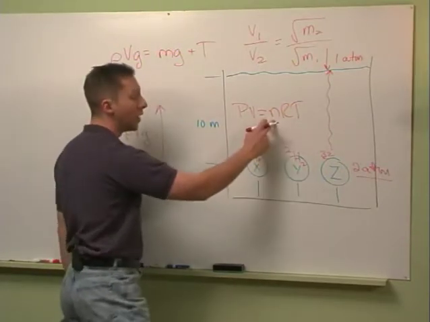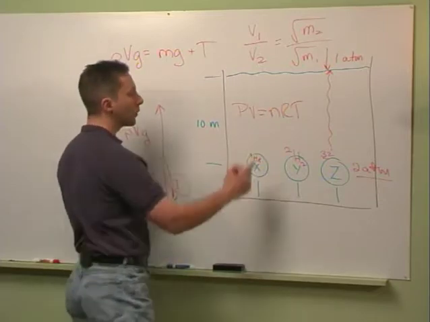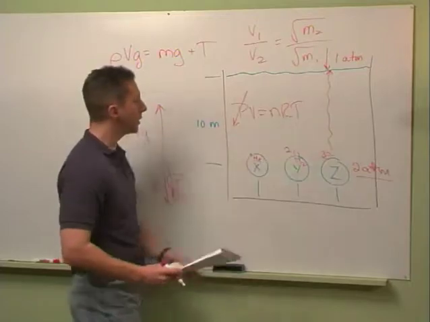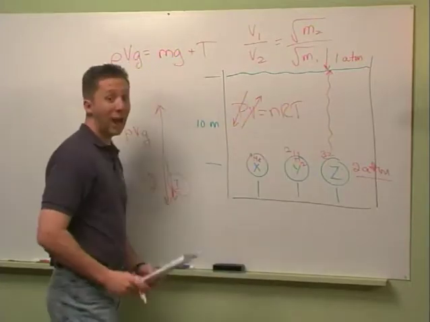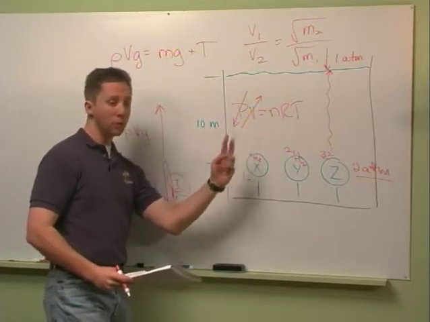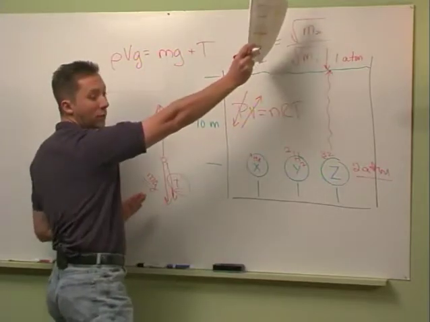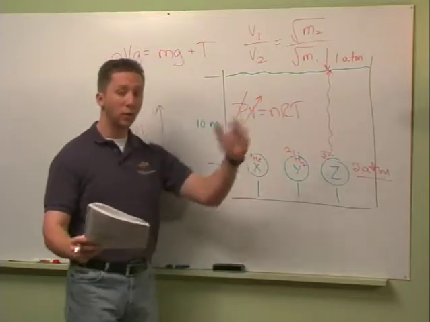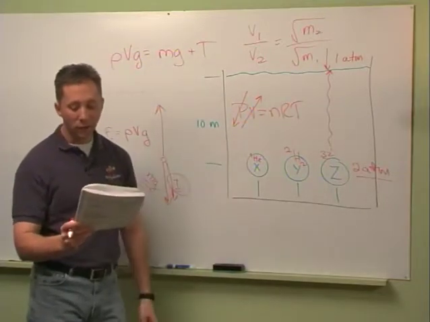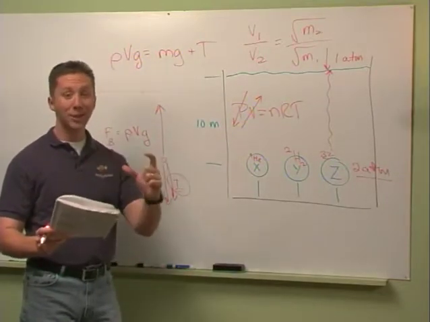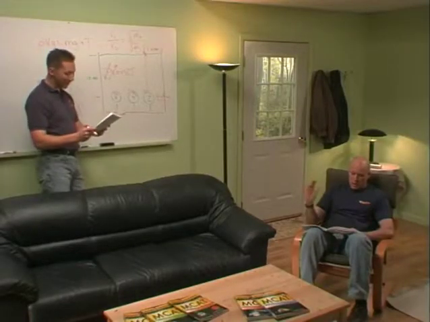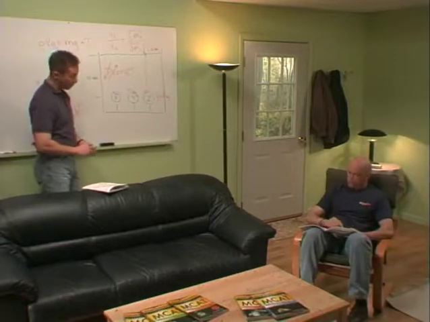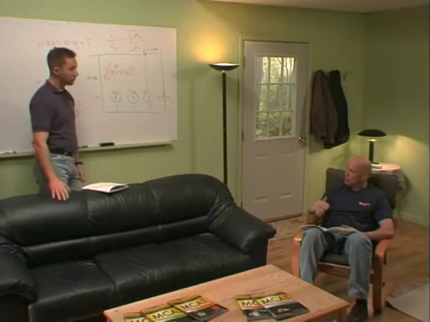The balloon is closed, so the number of moles of gas will stay constant. The pressure on the balloon as we go from here to here diminishes, so the volume of the balloon has to increase. Those two are inversely proportional. As this decreases, this has to increase by a like amount. The pressure diminishes by half. The volume must increase, must double. Let's find the answer that says that. 44 is C. I love it when they work out. Good, and you know 44 is a proportions problem because of the way the answer choices are given, right? Decreased by a factor of 2, a factor of 4, and so on.